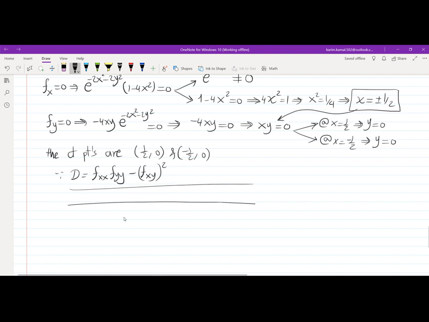We wrote here the critical point, and here the value of D for different critical points, and here the fxx value, and then what is the conclusion about this point, and finally the value of the function at this point, either it is maximum or minimum or saddle point.